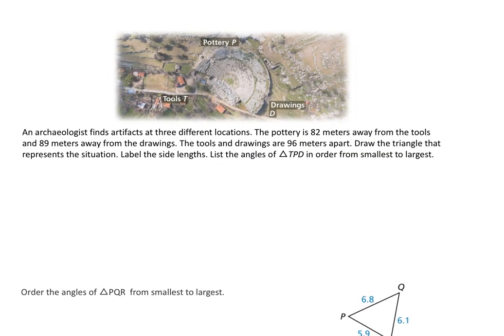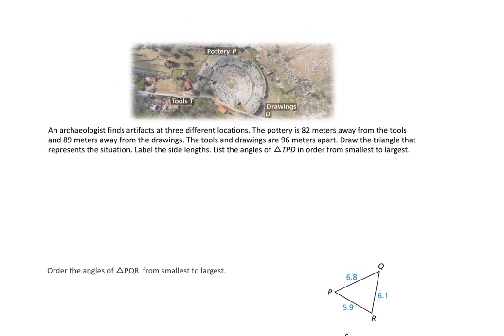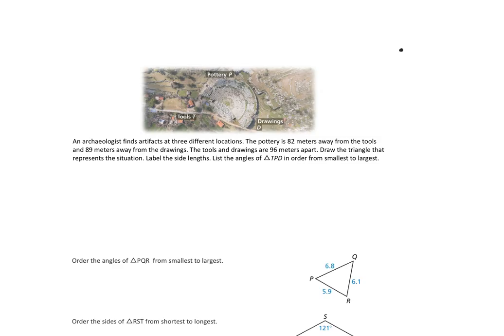Okay, this one here does not have the triangle drawn out necessarily. So what I'm going to do is draw a triangle right next to it here. This archaeologist has 3 different locations where they found some types of artifacts. There's some pottery, there's some tools, and there's some drawings.